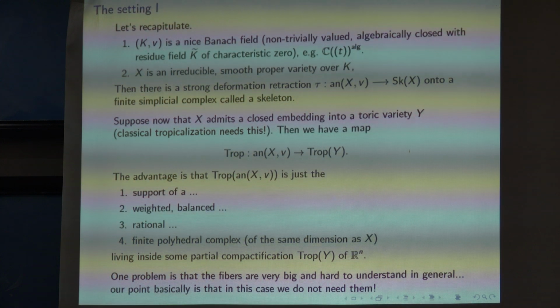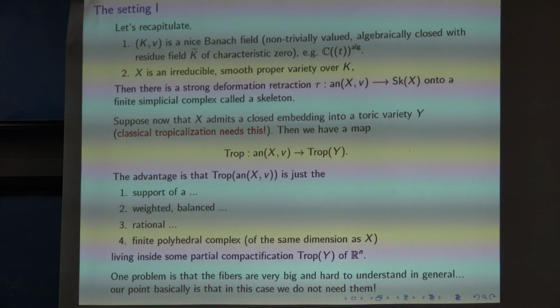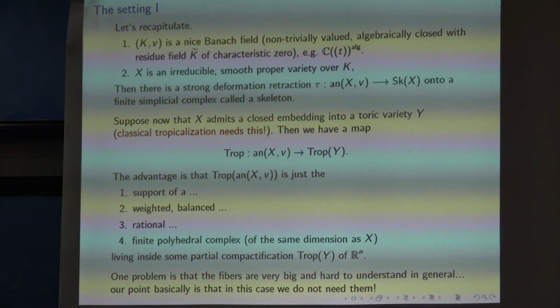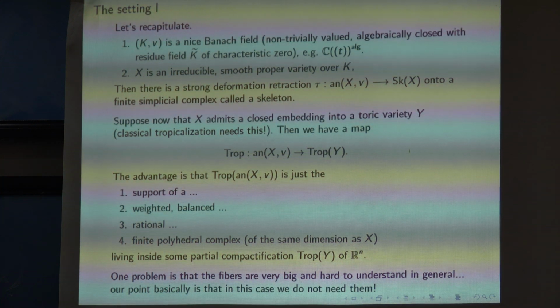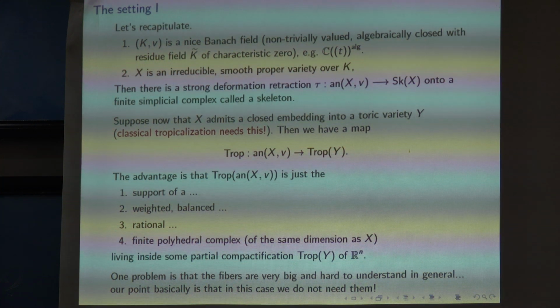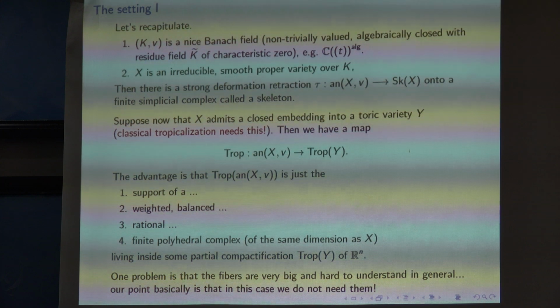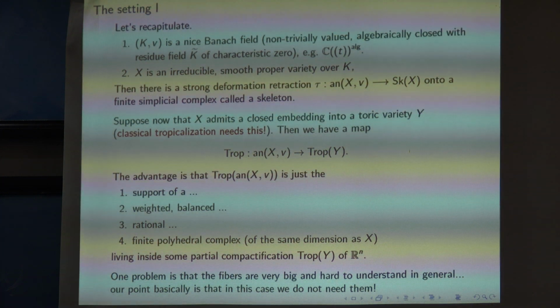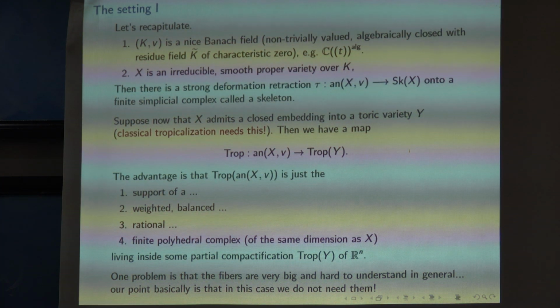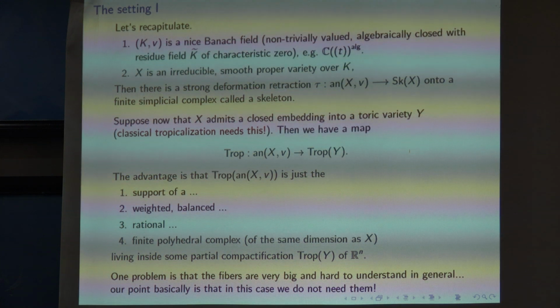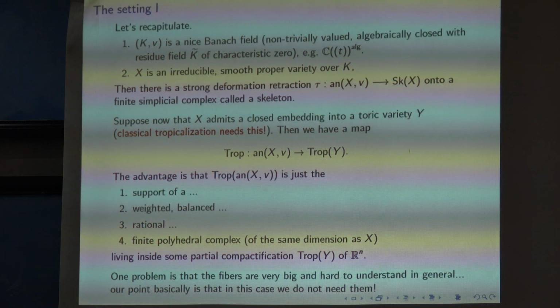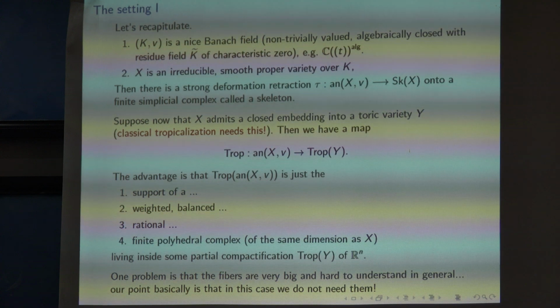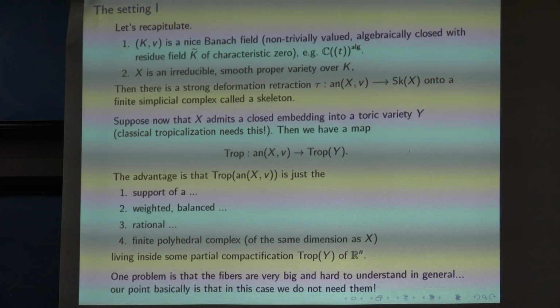So let me suppose that my variety, apart from being nice and defined over a nice field, has an embedding into a toric variety. The toric variety may be any toric variety. It doesn't have to be proper or non-singular, it doesn't matter. Suppose that you have a closed embedding.